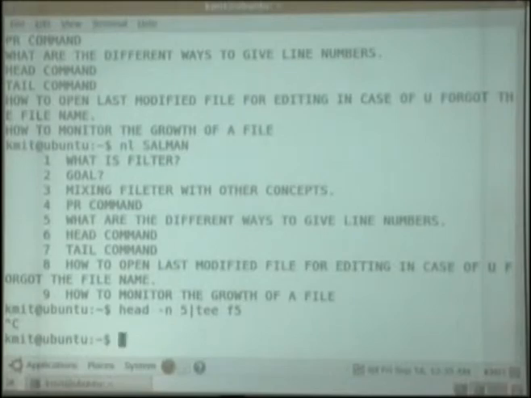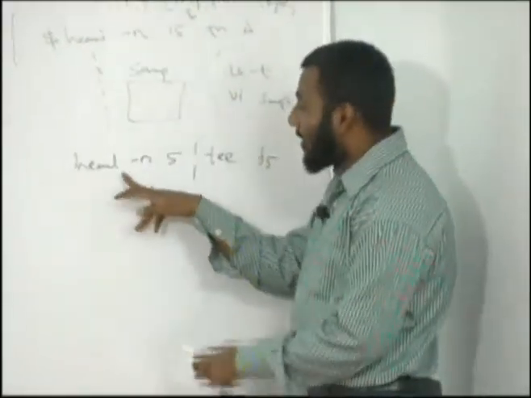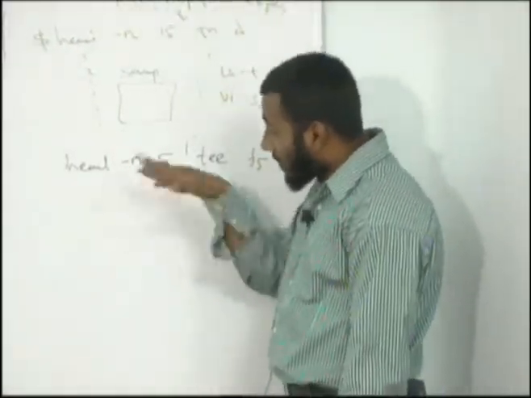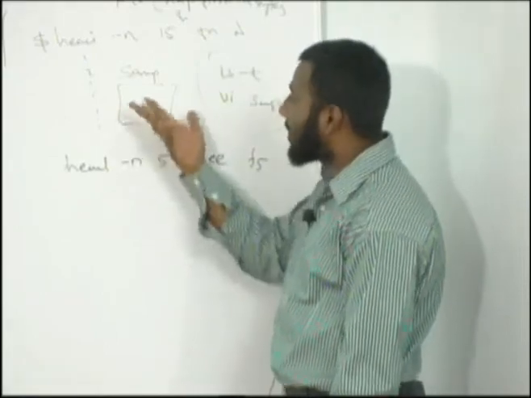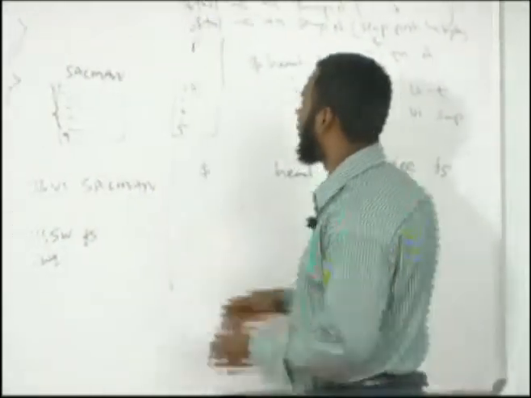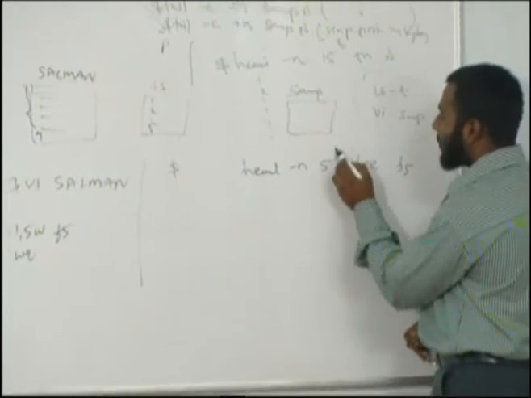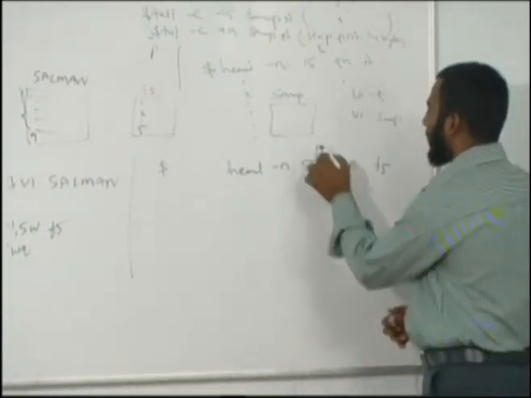It's not working. Yeah, we forgot one thing. Actually, here we have mentioned first 5 lines. First 5 lines of whom? Okay, this file, that file, which file? So we have to specify file name also. Okay, which we forgot here.